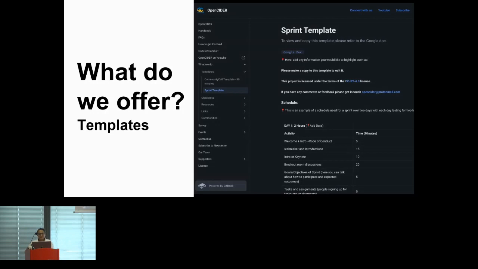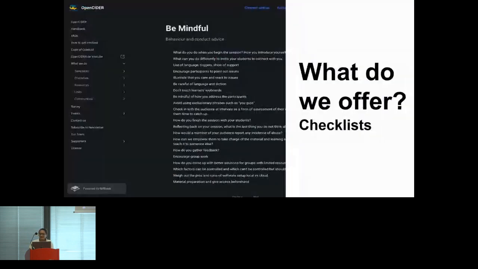We also have checklists if you need guidance on mindful behavior and conduct, and on many different things, just to facilitate it. That's collective knowledge from different people and different experiences as well.